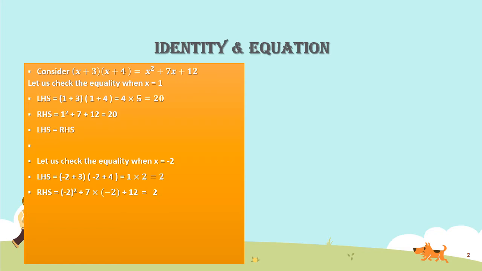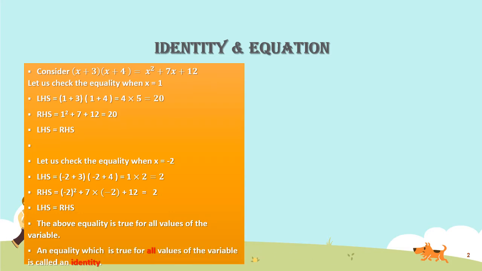RHS equals (-2) squared plus 7 × (-2) plus 12. Simplifying, we get the value as 2. This time also, the left hand side is the same as the right hand side. You can try with any values of x. The above equality is true for all values of the variable.